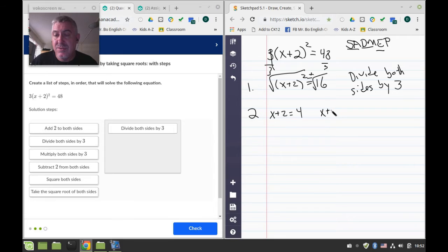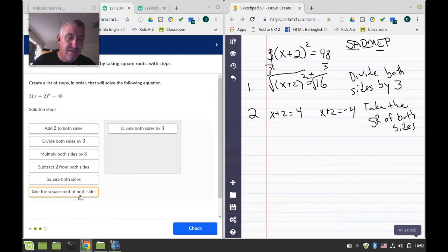Or x plus 2 is equal to the negative square root. Okay, so I'm going to take the square root of both sides. That's my next one.